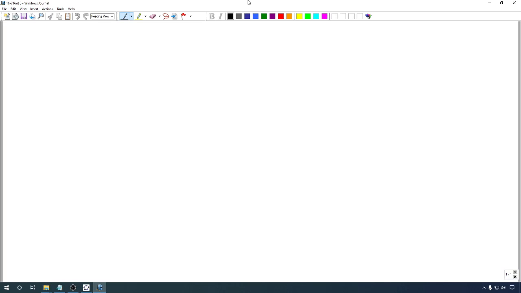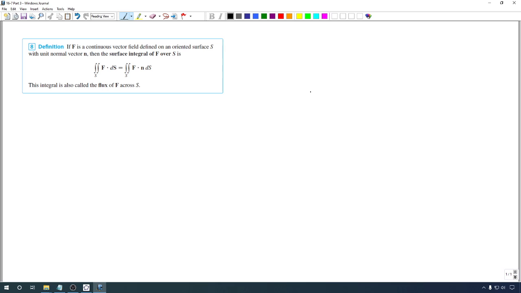Now that we've discussed orientation, we are in a position to define the surface integral of a vector field over a surface. So if you have a vector field F and an oriented surface S, remember we have to be able to put an orientation on it. We've chosen an orientation, so that's what the unit normal vector n is.